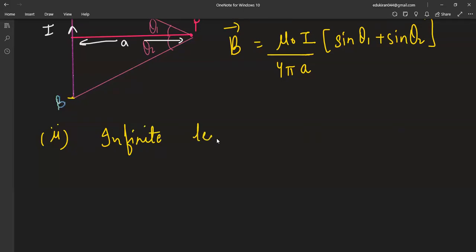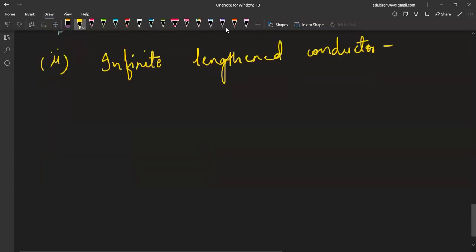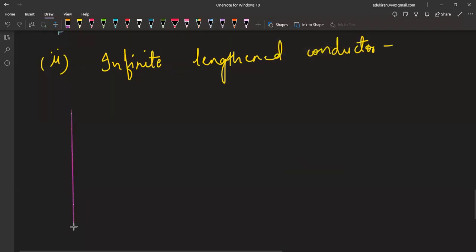If we talk about an infinitely long conductor, now see, when I'm talking about an infinitely long conductor, this means it is extending from plus infinity to minus infinity. Now, again, I have given you a point P for calculation.